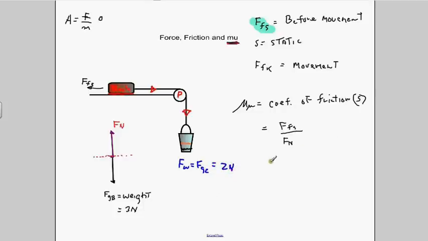Well, that means that if we plug them in over here, our mu, the coefficient of friction, is going to be equal to the force of friction static. Now, if this is 2 newtons, we're saying it took 2 newtons just for this to start sliding. If I show this over here, we've got 2 newtons in this direction, pulling like so.